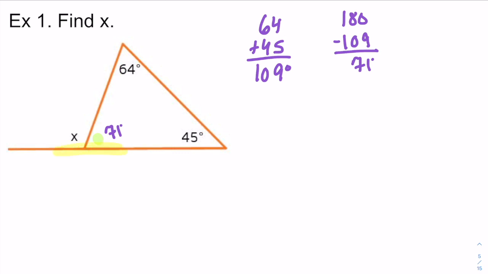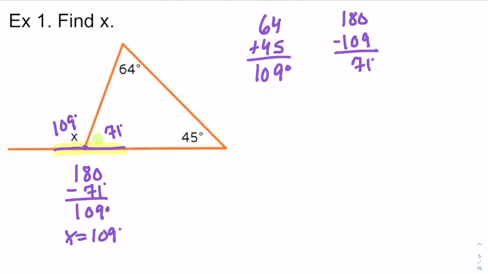Someone in class noticed that x and 71, some people thought about it as a straight angle, some people saw that straight line here, so either way, the sum of those two angles has to be 180. So to find x, we would do 180 minus 71, and that would give us 109 degrees. So the value of x is 109 degrees.